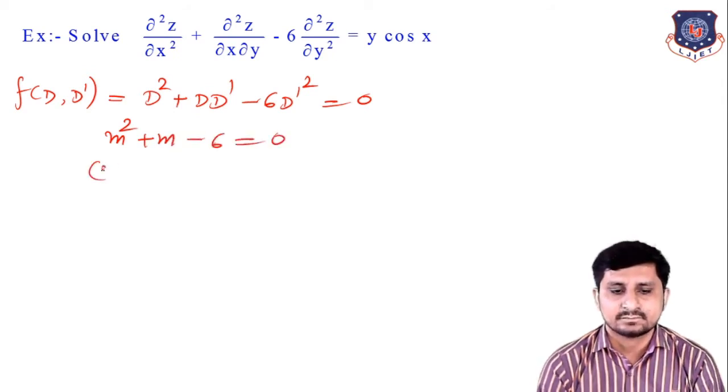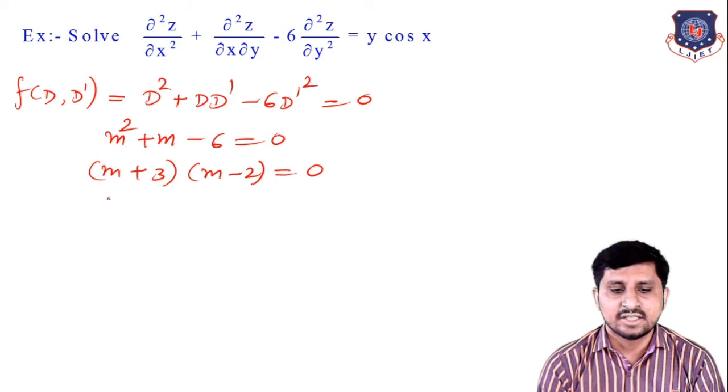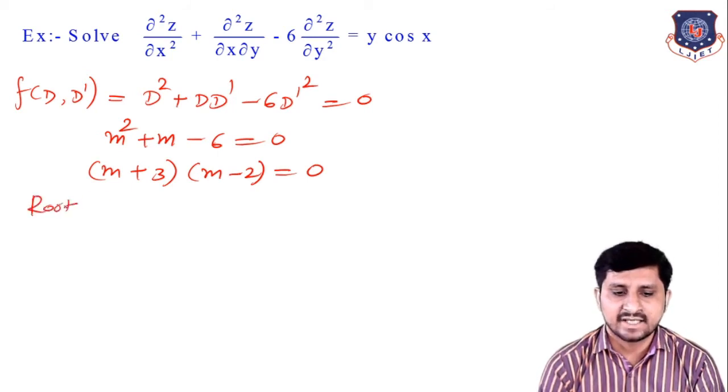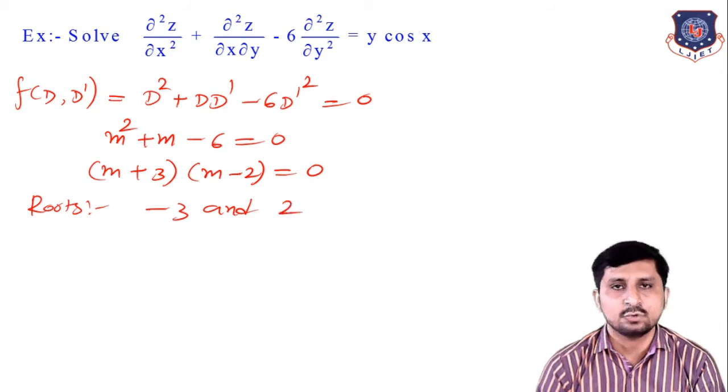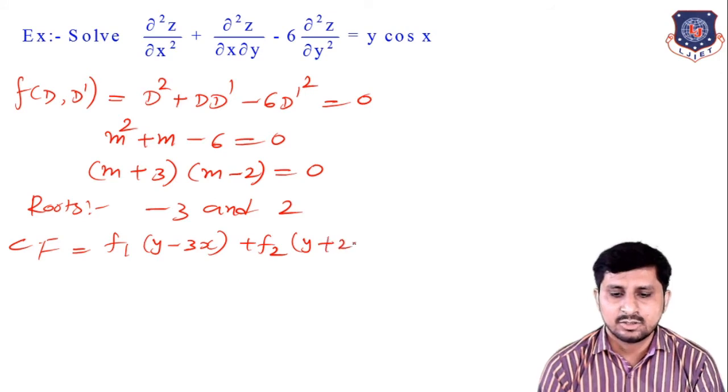So I can write m plus 3 into m minus 2, that is equal to 0. So roots are minus 3 and 2. Okay, so complementary function I can write f1 of y minus 3x plus f2 of y plus 2x.